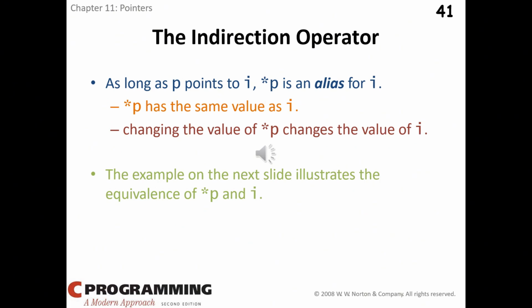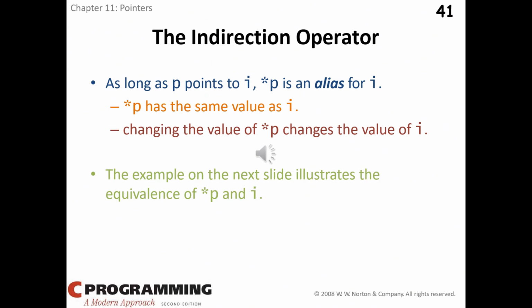And when a pointer variable p points to a specific object, using the indirection operator or the asterisk on p allows us to access the value stored in that object. So in essence, *p serves as an alias for the object to which p points.